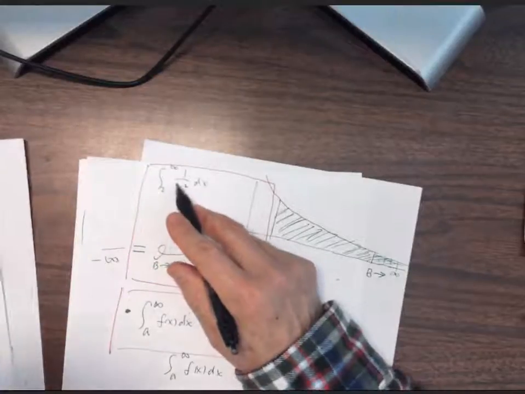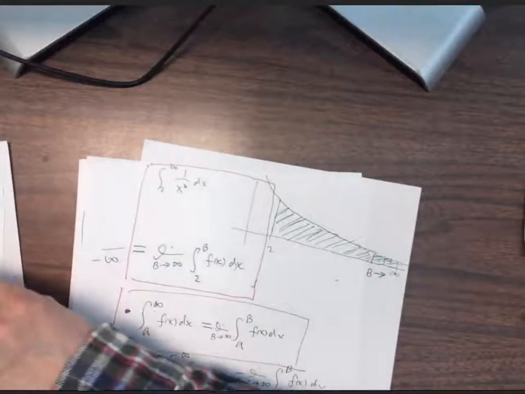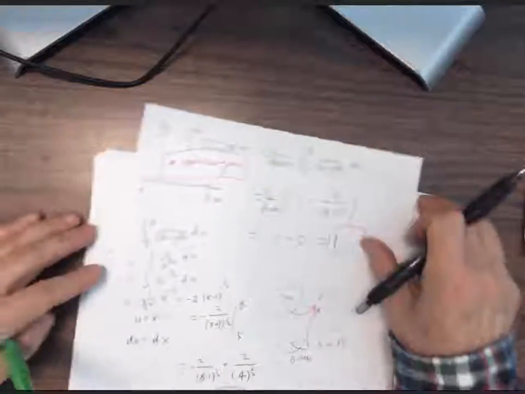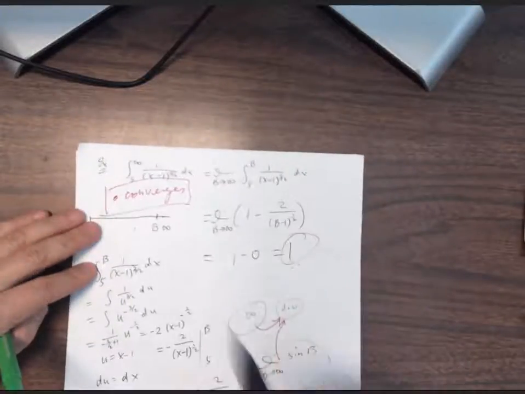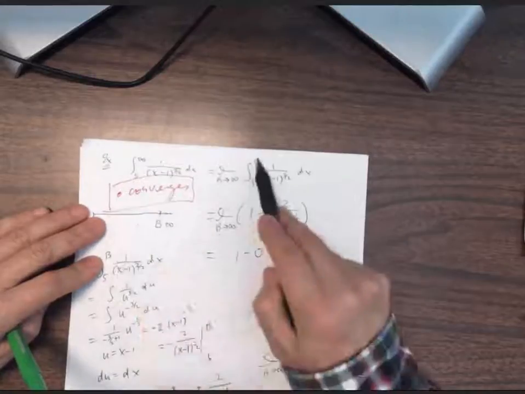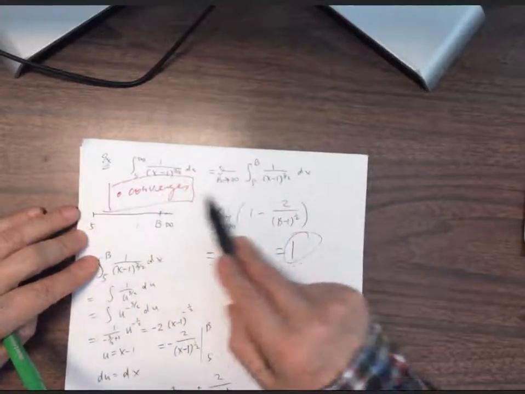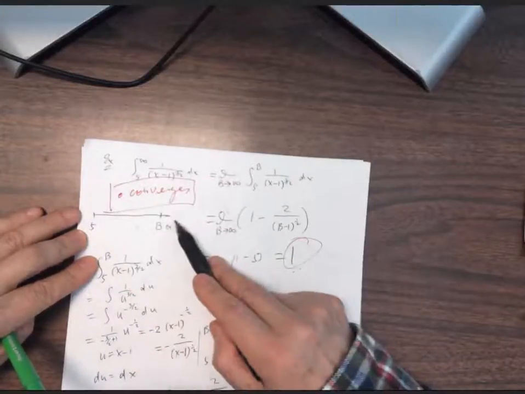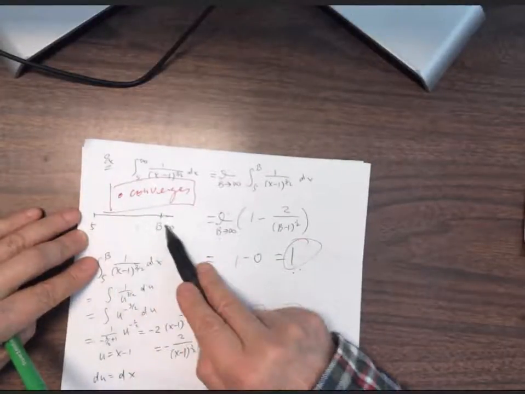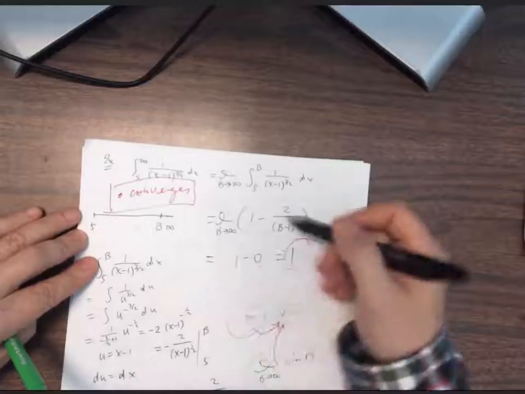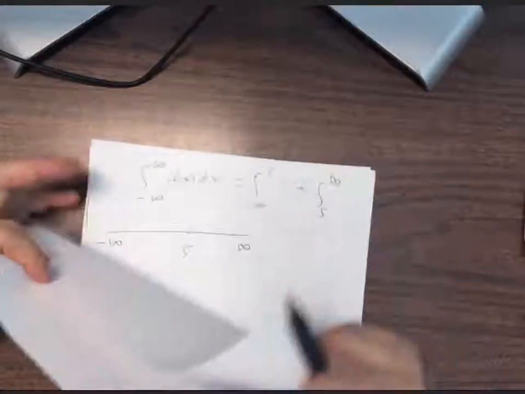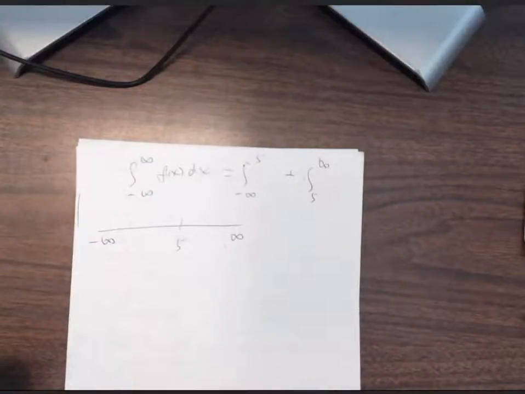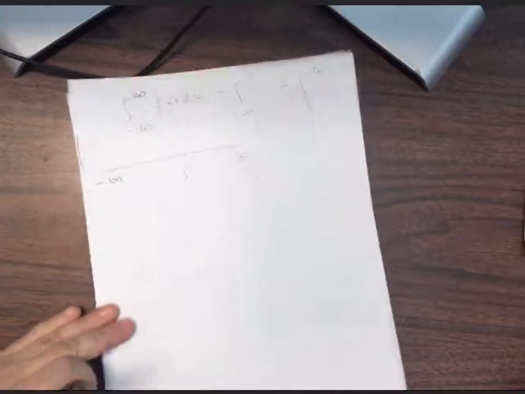With infinity, just avoid that first and set up. This is the complete example. Just avoid infinity. You don't go from 5 to infinity right away. Go from 5 to b, and then send b to infinity. Alright, so this is how we evaluate improper integrals.